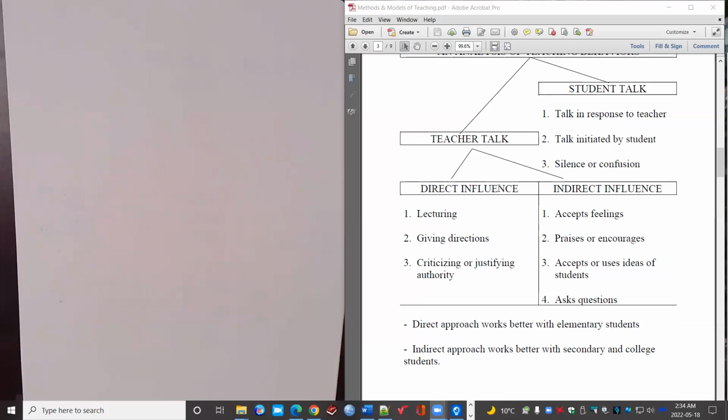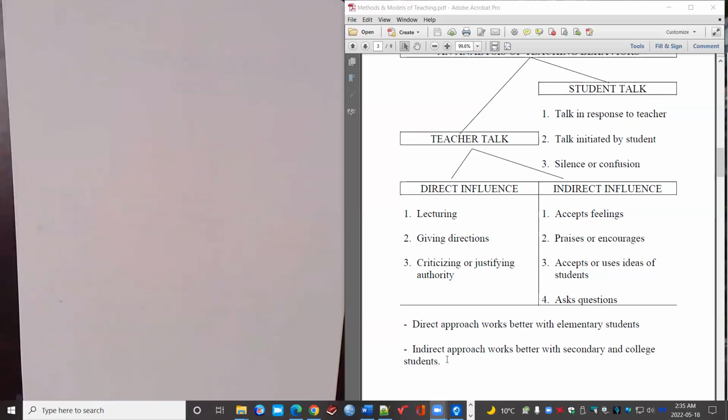So 60-40. But the indirect approach works better with secondary and college students: 60% indirect, 40% direct. Why? Because these students have attained Piaget's stage 4, the formal operational stage.